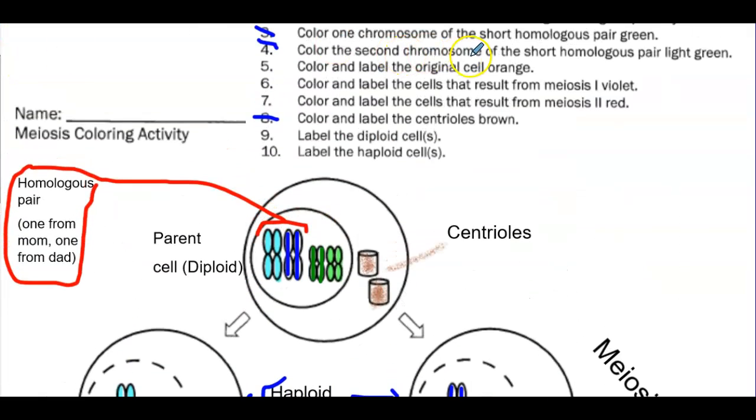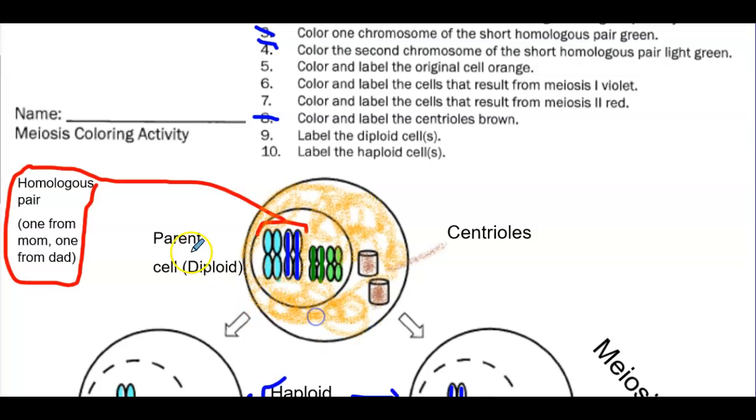All right, so now we are going to kind of color code our cells. We're going to make our original cell orange. So I'm going to grab an orange crayon here and just kind of color in some orange here. So this is our parent cell. The directions say original cell. Most textbooks and worksheets will call this the parent cell.